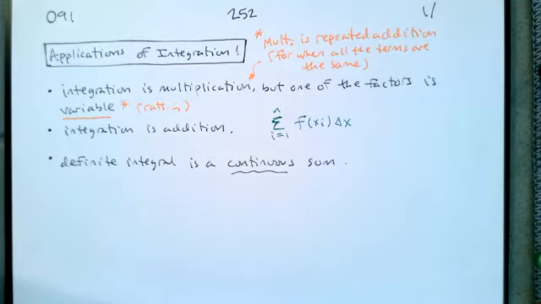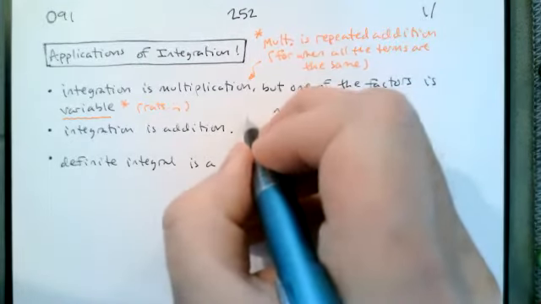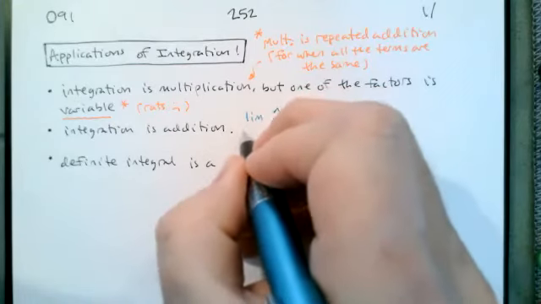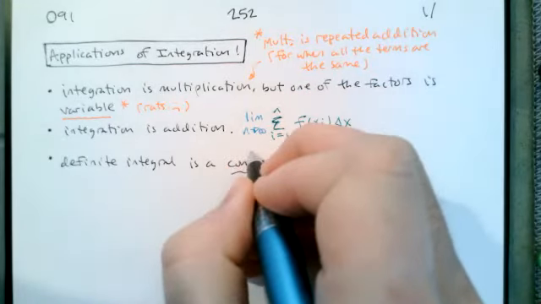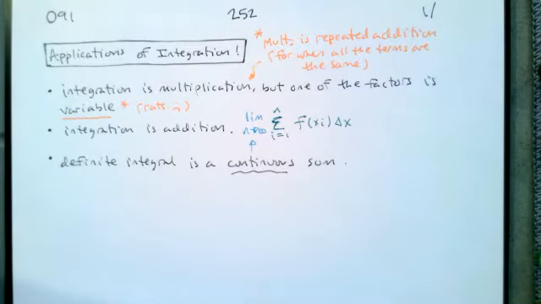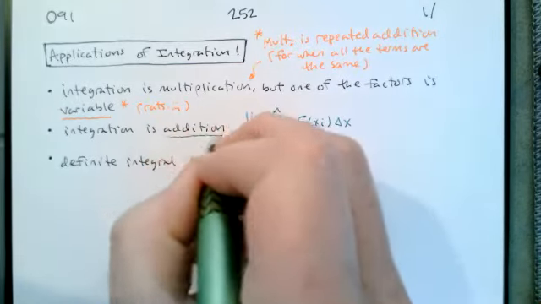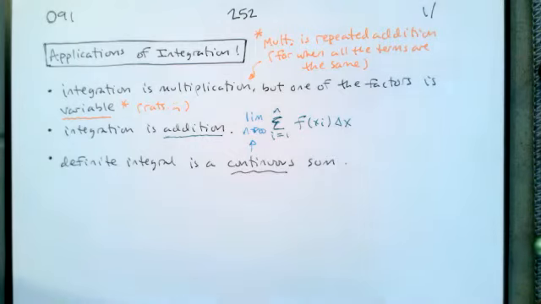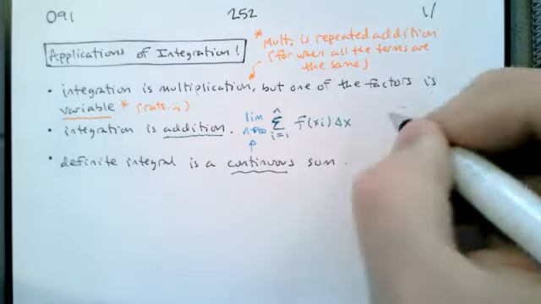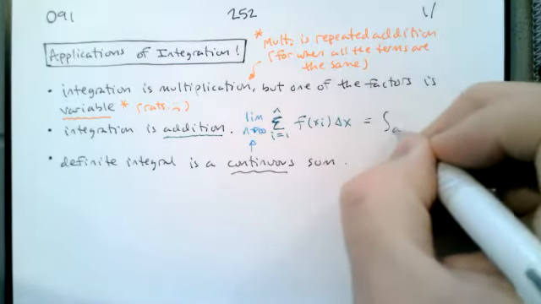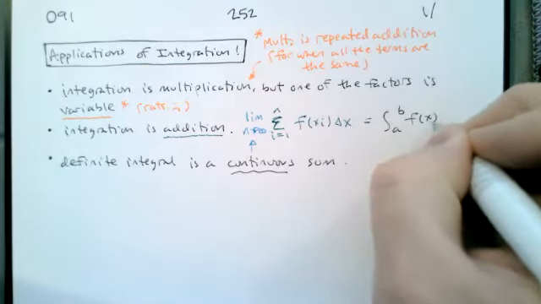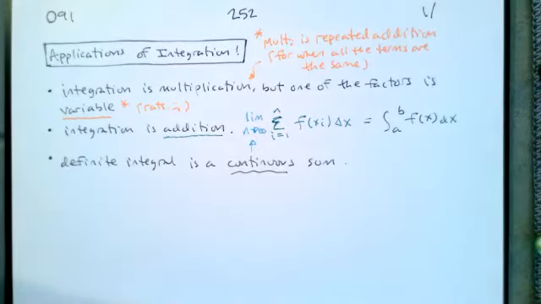The continuous part shows up when we take the limit as n goes to infinity in our Riemann sum. The Riemann sum is the addition part. When we let n go to infinity, that's when we switch things over to a continuous sum, and we get the definite integral.